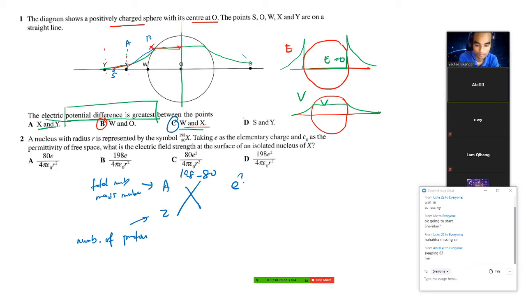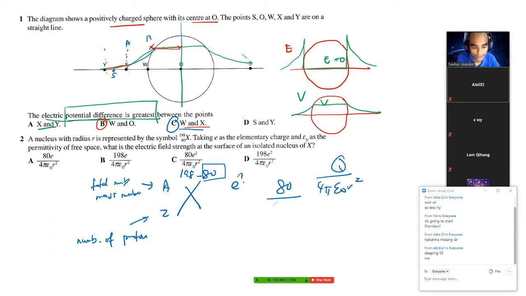Sir, the Z is electrons, the number of electrons. Oh, number of electrons, it's not number of protons. Okay, so you can use the 80. The answer is A, yeah, okay, good. So we use the number 80. So we have 80 electrons divided by, you know that it is Q over 4 pi epsilon naught R squared.